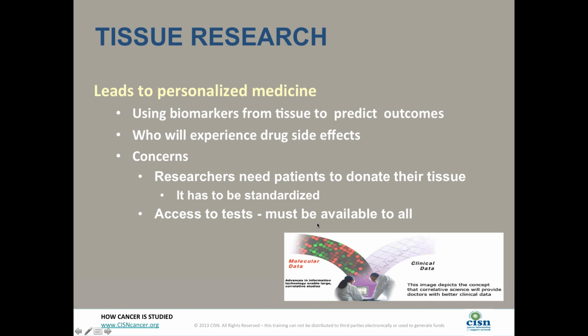When this correlative science was first started, even 10, 12, 15 years ago, every site was doing it themselves, and they would get together and try to merge the results, and everybody did it a little bit different, and it was apples and oranges, and it was all wasted time and effort and tissue from people, because unless it's all being tested exactly the same, under the same rigorous protocol, you just can't draw conclusions. So as an advocate, the first question you ask is, do you have a central lab?